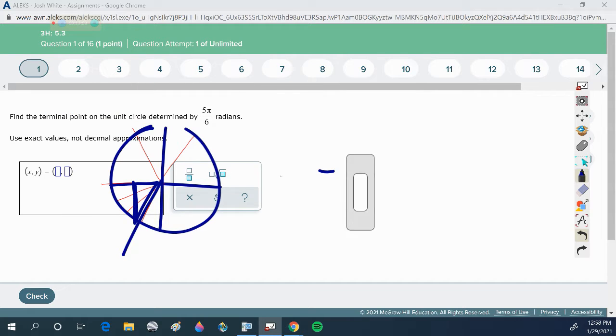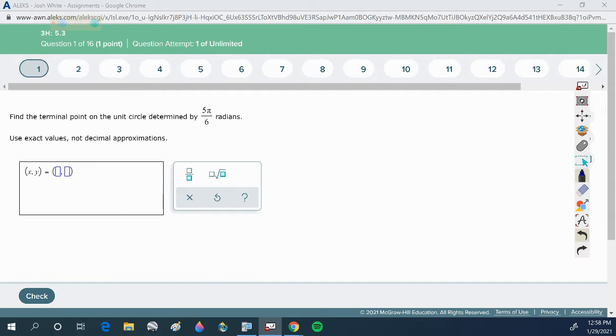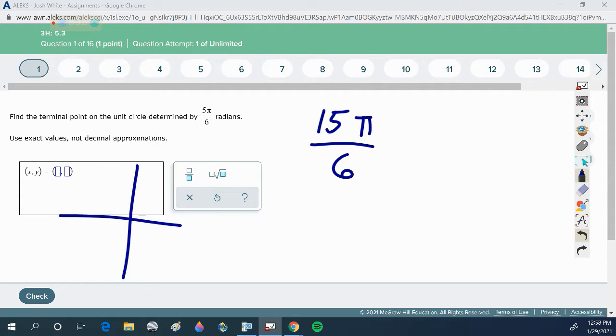Okay, what about this? What about 15 pi over 6? What quadrant does that land in? Well, let's count. How far to there? 6, 12, 18.